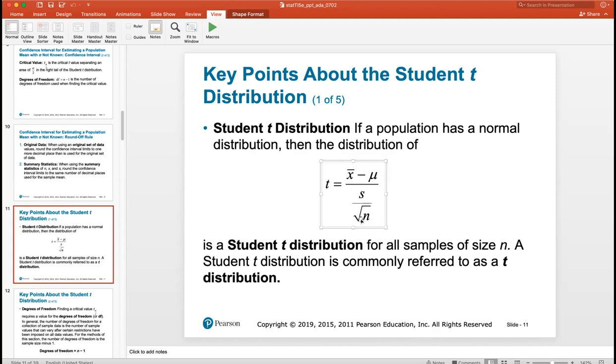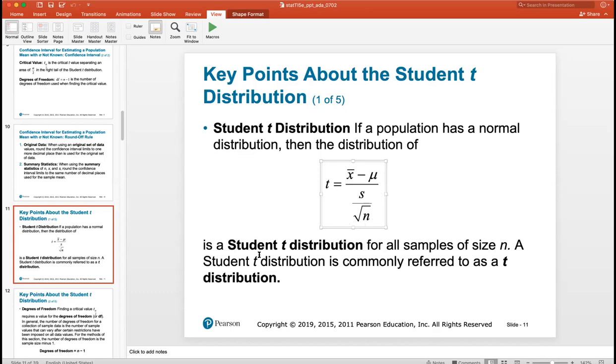Why do we use this? Because for the z-score, we use x bar minus mu over sigma, right? But in this section, we assume that we don't know sigma, the population standard deviation, so we use an approximation of sigma, which is s over square root n.